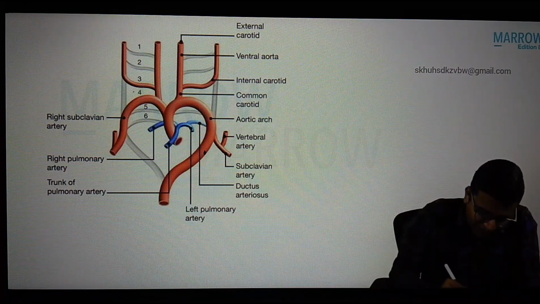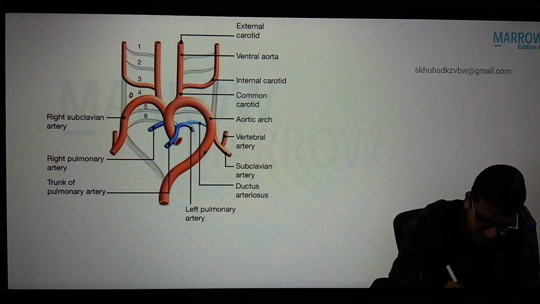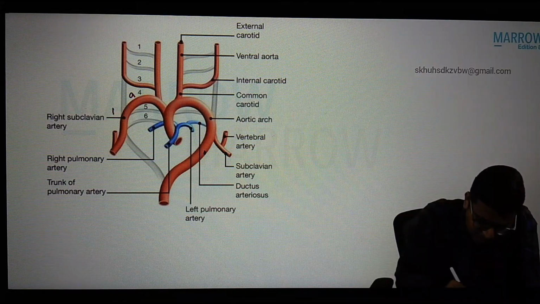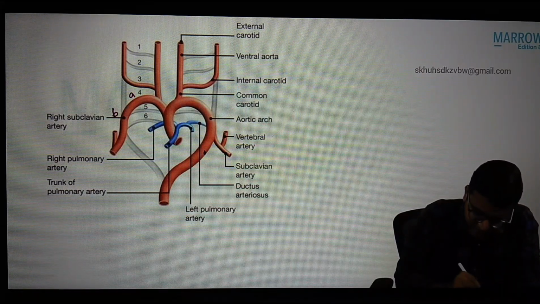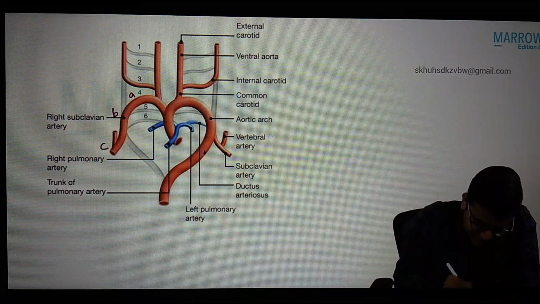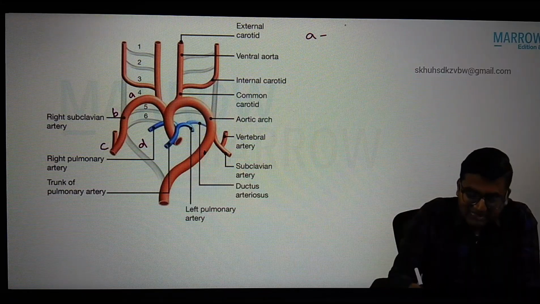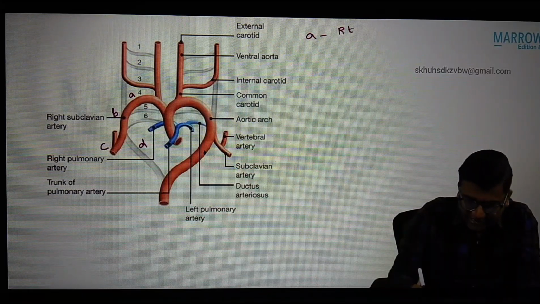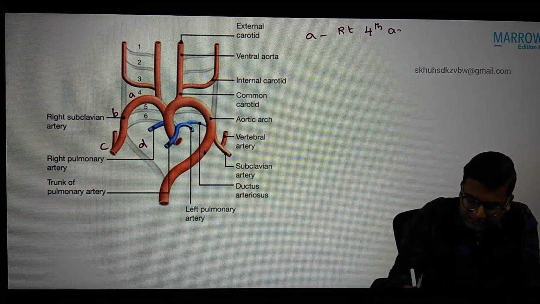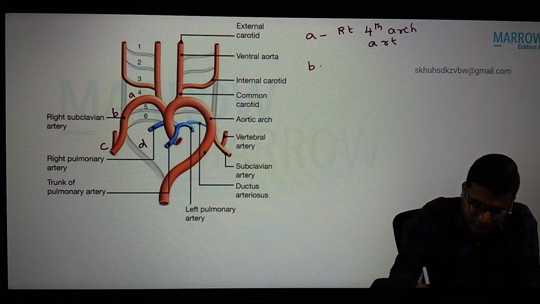Now I'm going to mark this as A, this as B, this as C, and this as D. So A, B, C, D. What is A? A is our right fourth arch artery. What is B?